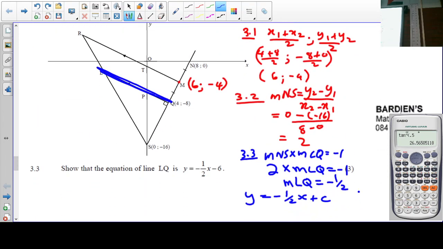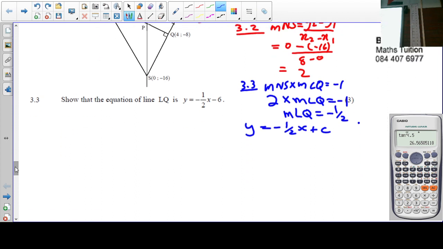And the only point we have that's lying on the graph is 4 and negative 8, which is also your q value. So we'll substitute q, which is 4 and negative 8. Remember again, that's an x and a y value.